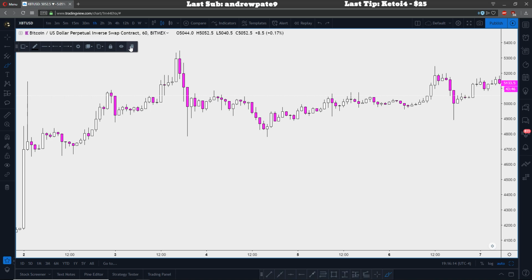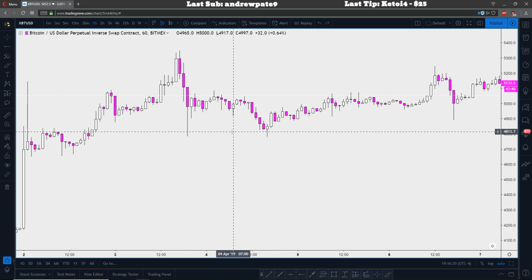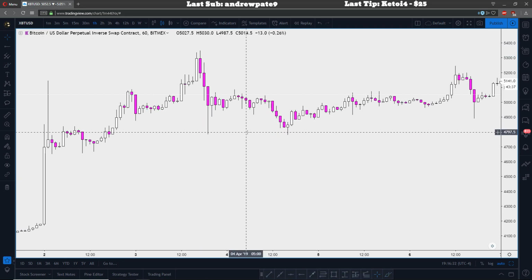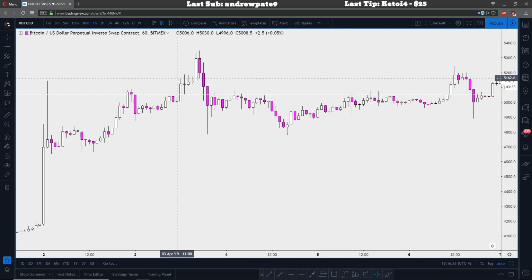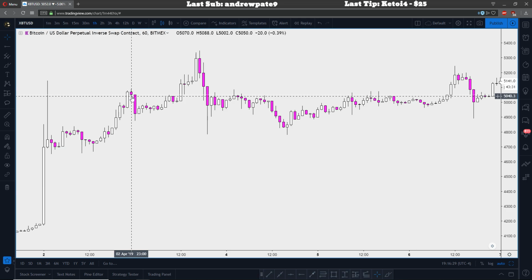Now, because you're getting in on a preemptive move here, you don't want to get faked out by shorting support and longing resistance.